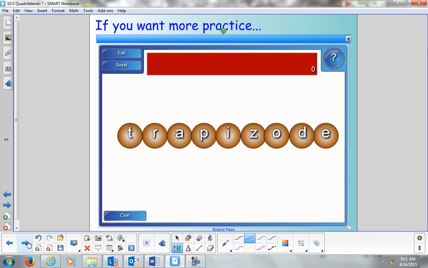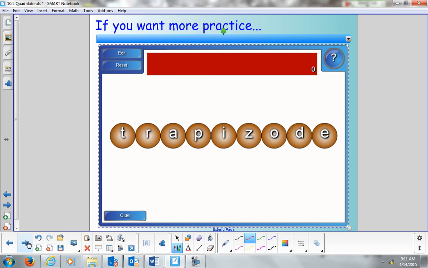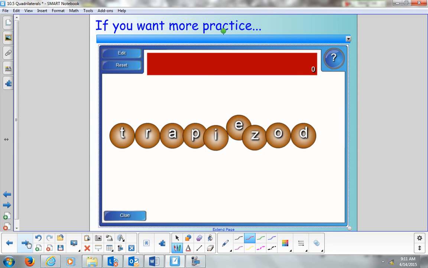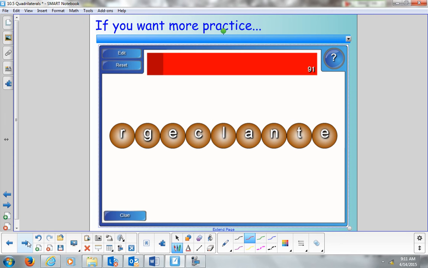Trapezoid. Oh, I don't think I had that right. This friendly lady doesn't know how to spell trapezoid. Oh, there's an E. Trapezoid. Like this. Ah, there we go. Trapezoid. I didn't get that one right.